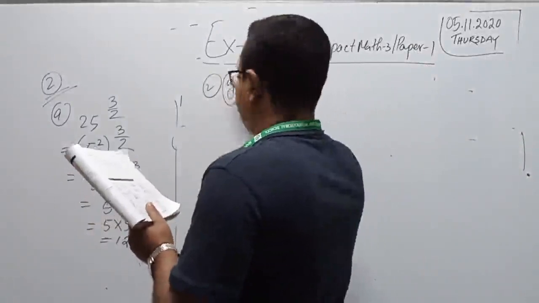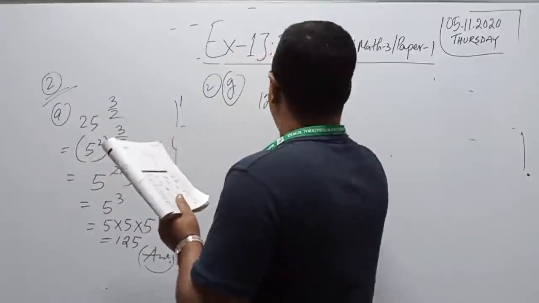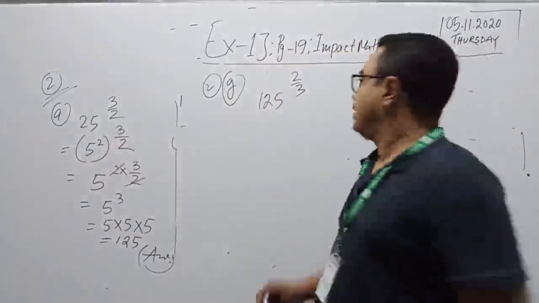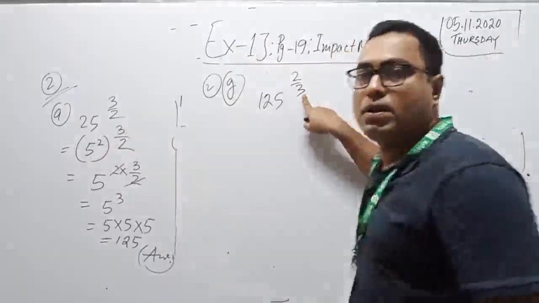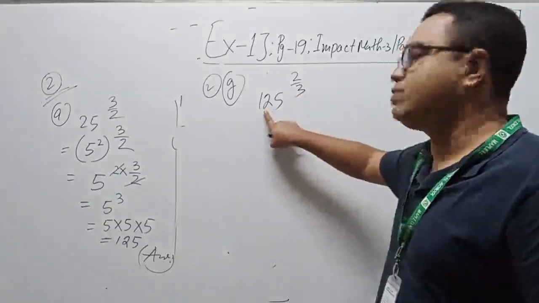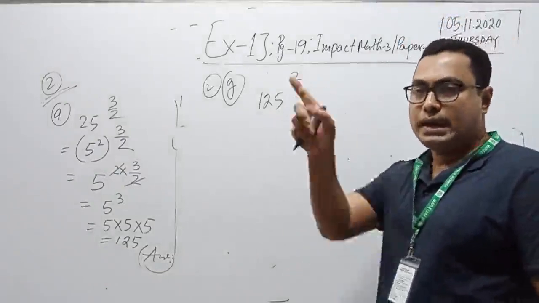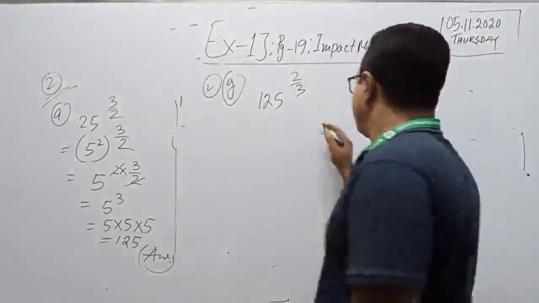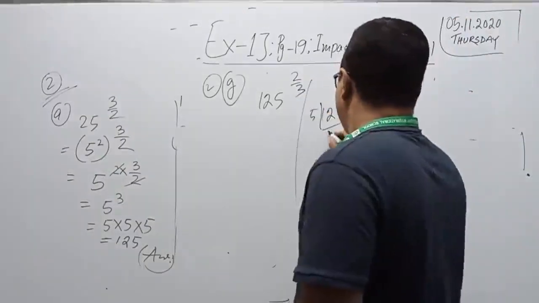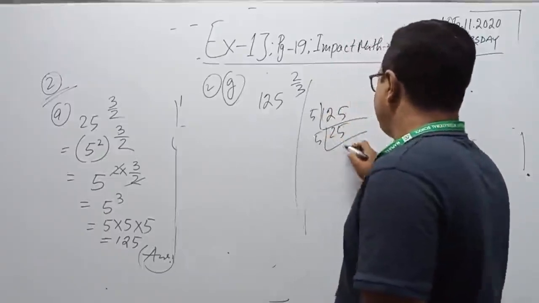Okay, next question, which one can we solve? Suppose number G. 125 to the power of 2 by 3. Now, here we have 3 as the denominator. So we will try to make this 125 as something to the power of 3. That 3 and this 3 will be cut. Suppose 125, make it as factors. If I divide it by 5, we will get 25, then 5, 5.